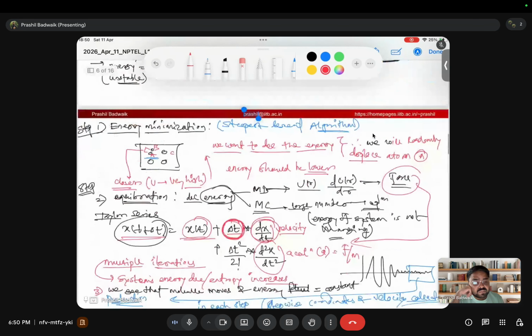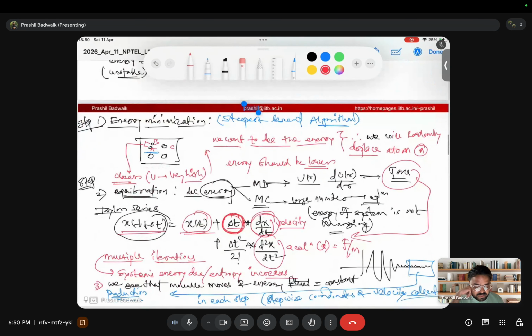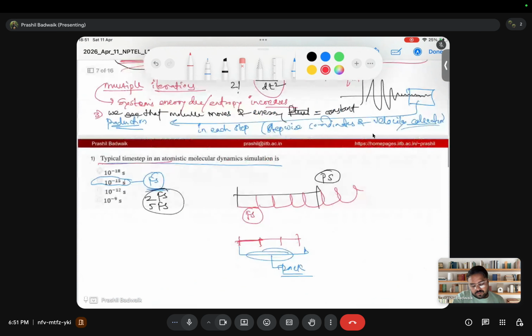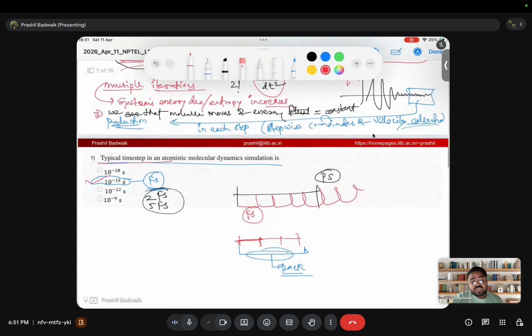If the time step is very high, then the next position will be very far, and we see quick displacement. If your system has very high energy, velocity is high, and if delta t is also very high, the displacement will be very high and the particle will go out of the box. So there is certain explosion that may happen. That's why we need to take care of this, and that's where we have to have a very small time step. So that is the answer to question number one.